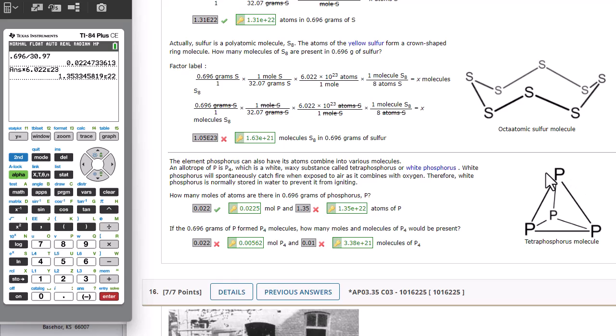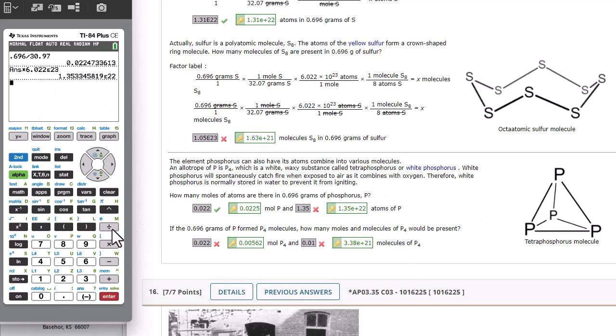That's correct. And we want to know how many of these tetrahedrons, because these phosphorus atoms aren't individual. When they are around in this white form, they form a tetrahedron. So we want to know how many of these little tetrahedrons of P4s are within all of these atoms.